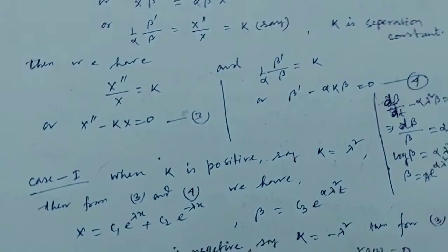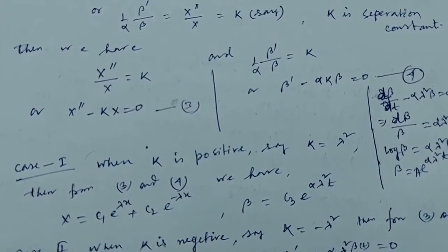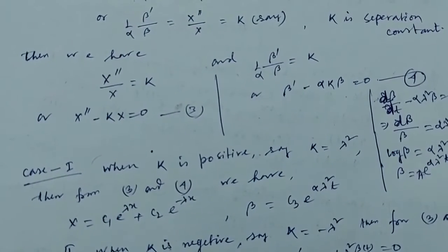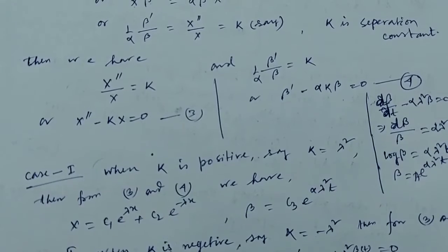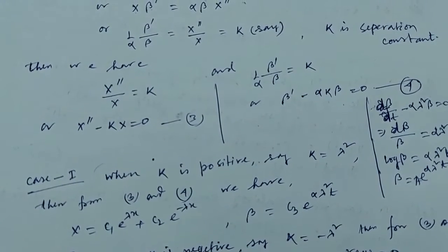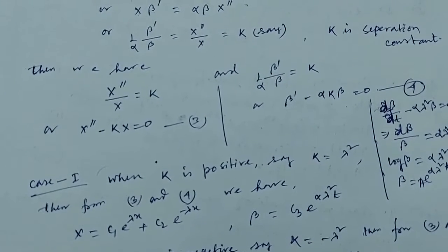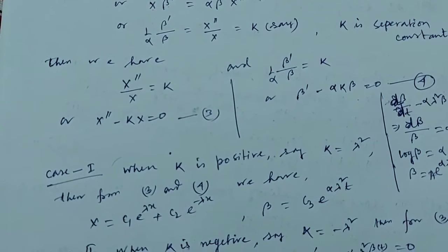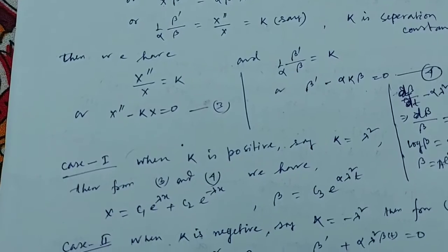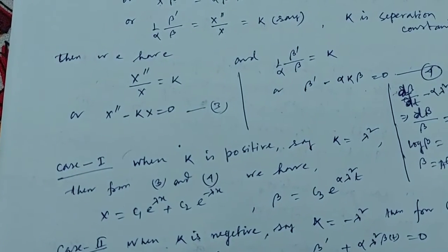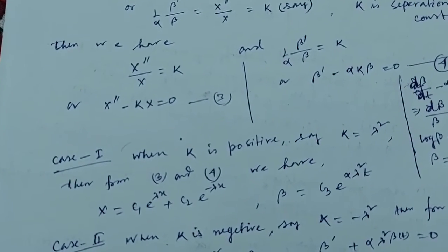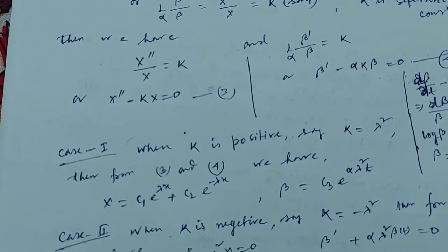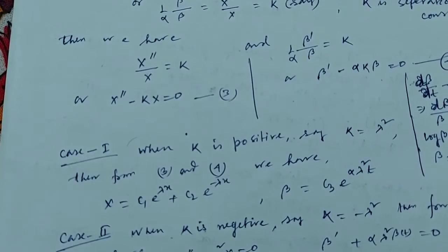First case, when we consider k is a positive number, we consider k is equal to lambda square, because lambda square is always a positive number. So if we take k equal to lambda square, then solving equation 3, we get X is equal to c1 e to the power lambda x plus c2 e to the power minus lambda x, where c1 and c2 are constants.